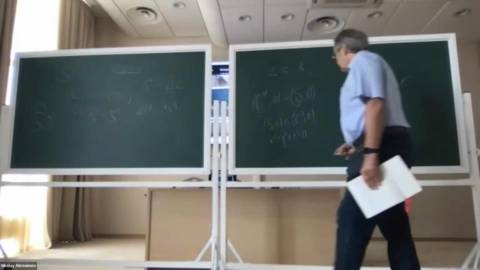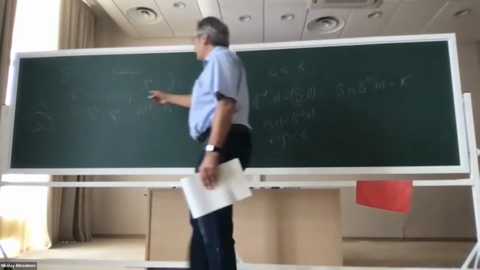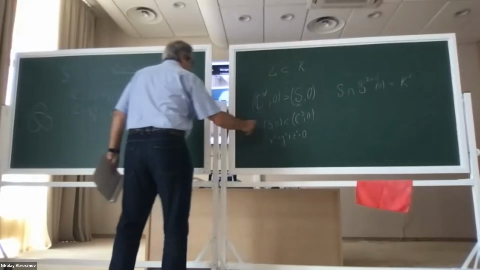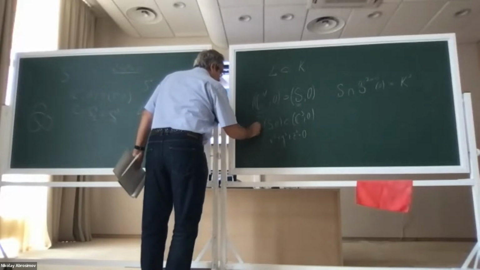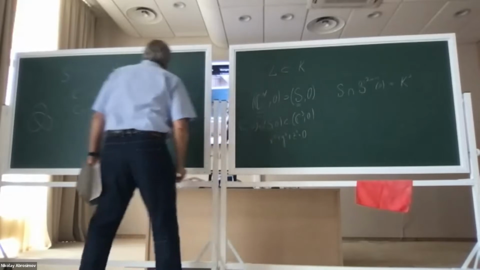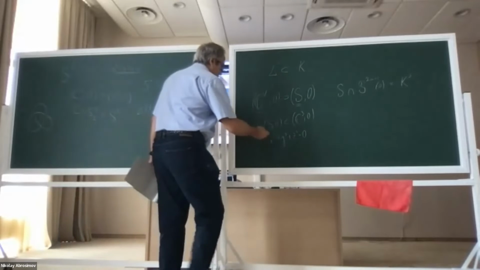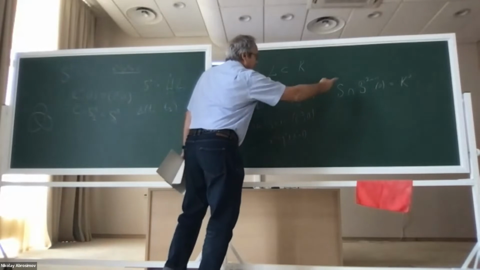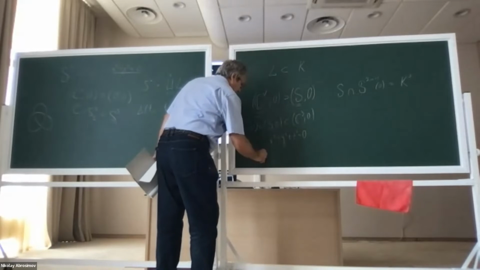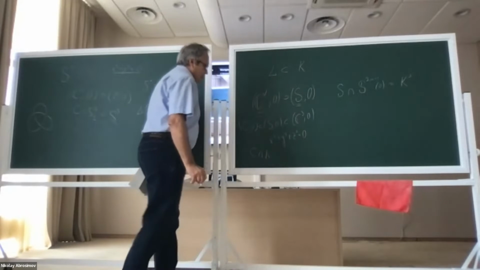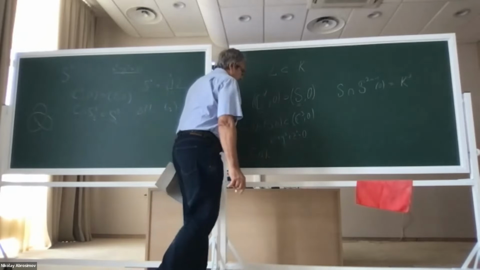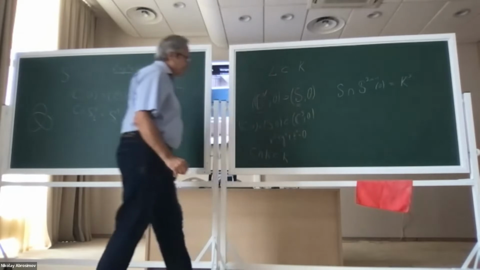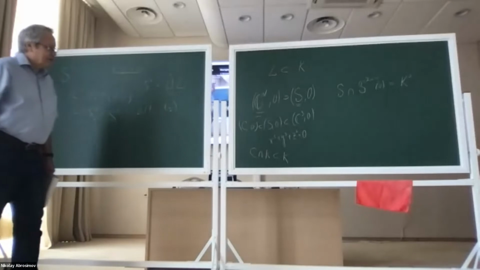We take a curve, now not in C2 but in this surface, a curve C0, and we take the intersection of this curve with K, which will give you a link in the Poincare sphere.